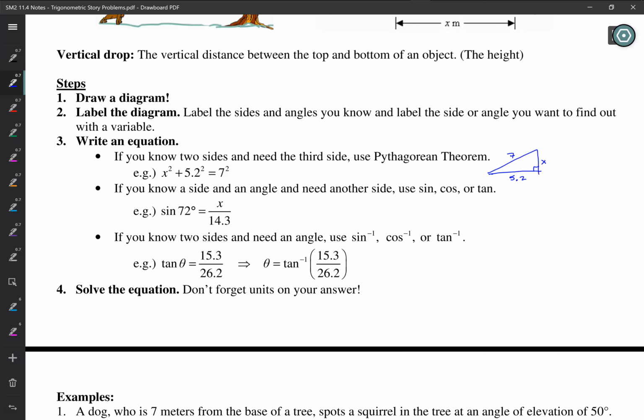If you know one side and one angle, and you are trying to find another side, you would use sine, cosine, or tangent. So for example, let's say you had a 72-degree angle, and the side opposite that angle you were trying to figure out, and the hypotenuse was 14.3.